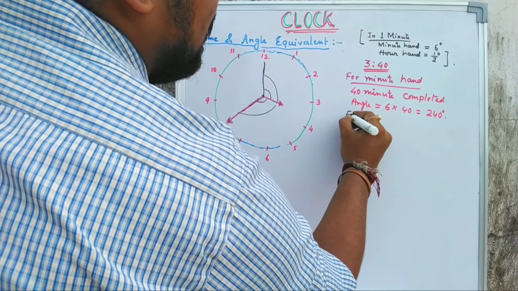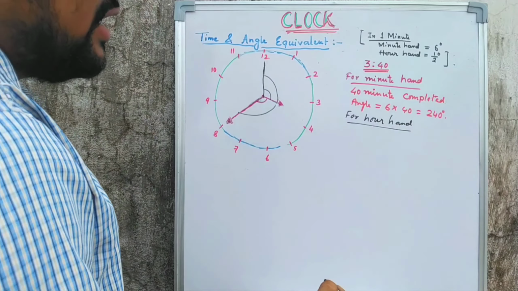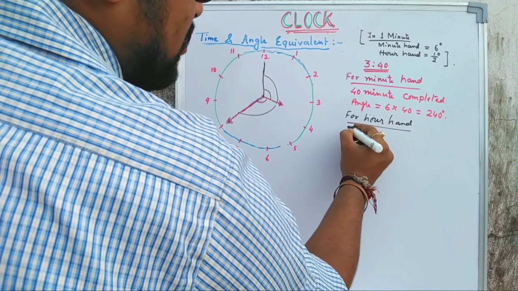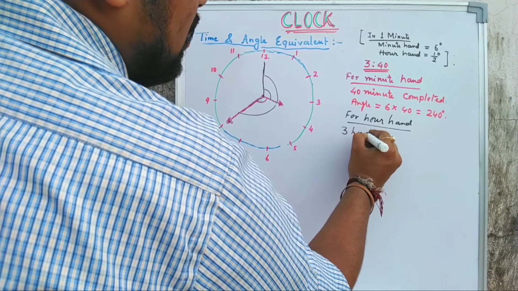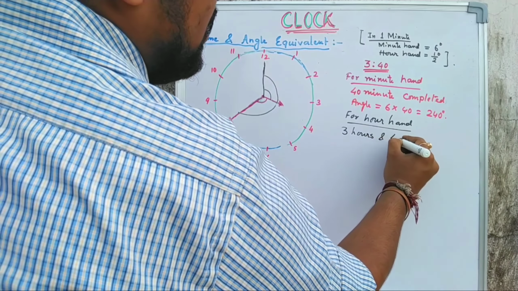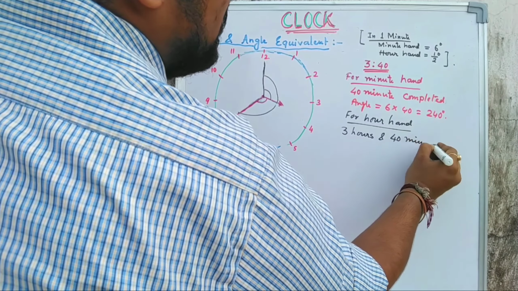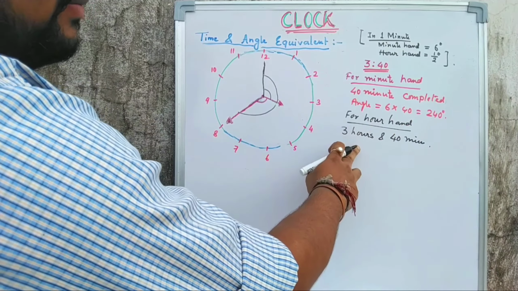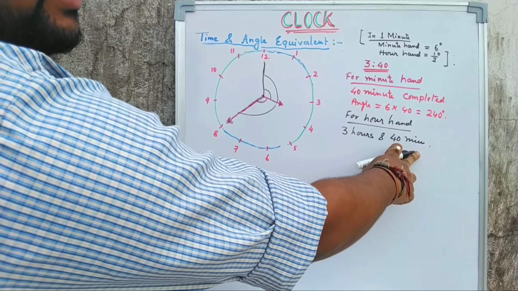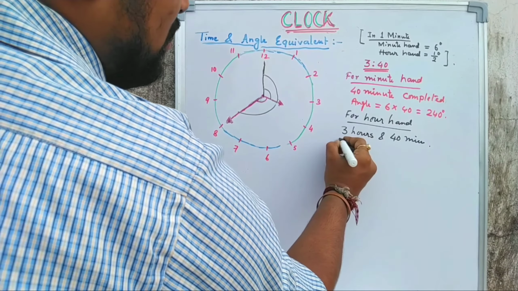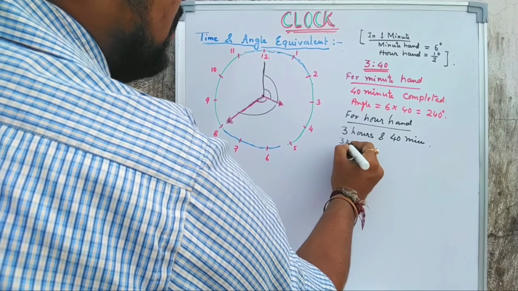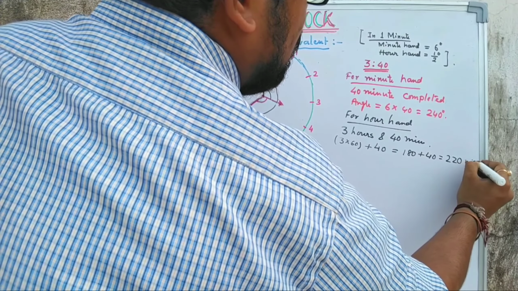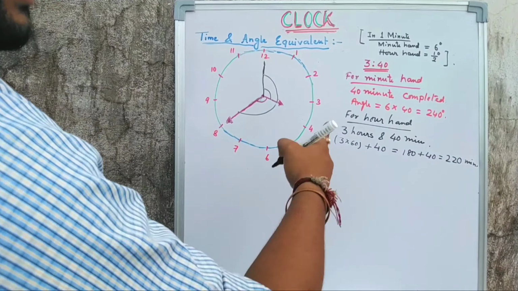Next is the hour hand. How much time has the hour hand already completed? 3 hours are completed at 3 o'clock, but another 40 minutes are also completed. So the hour hand completed a total of 3 hours and 40 minutes. Keep this in mind: the minute hand only completed 40 minutes, but the hour hand completed 3 hours as well as 40 extra minutes. 3 hours means 3 into 60 minutes, plus 40, that is 220 minutes completed by the hour hand at 3:40.